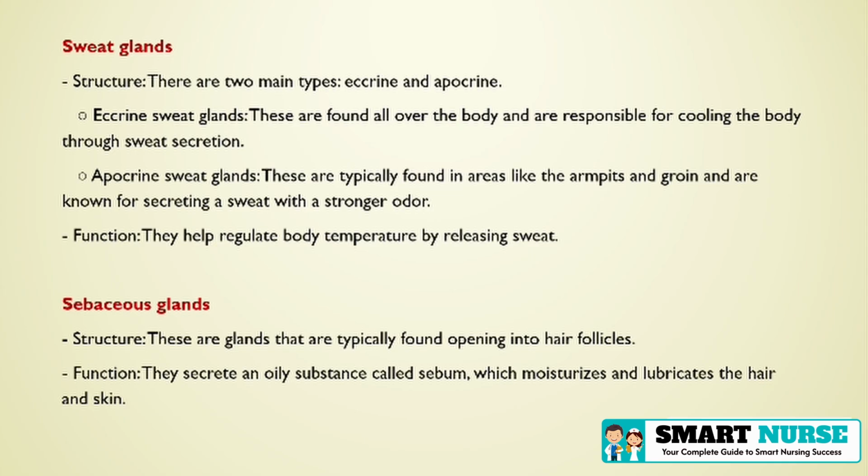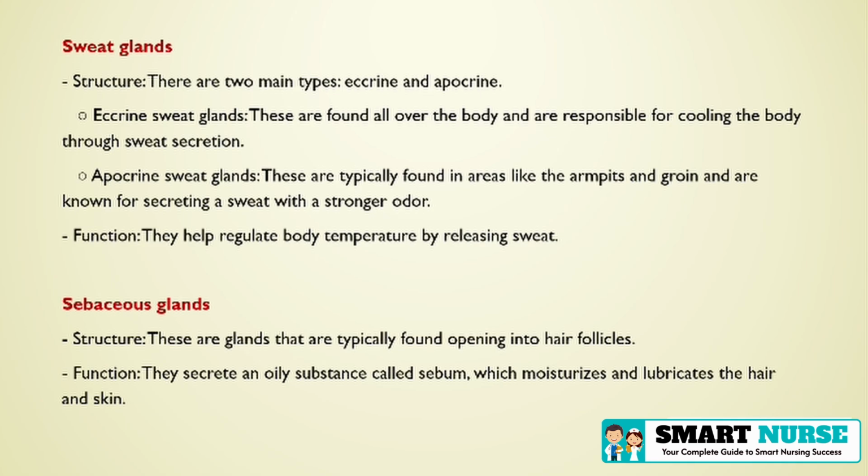Sweat glands, another part of our appendages. Sweat gland structure: there are two main types, eccrine and apocrine. Eccrine sweat glands, as we have previously learned, are found all over our body and are responsible for cooling the body through sweat secretion.